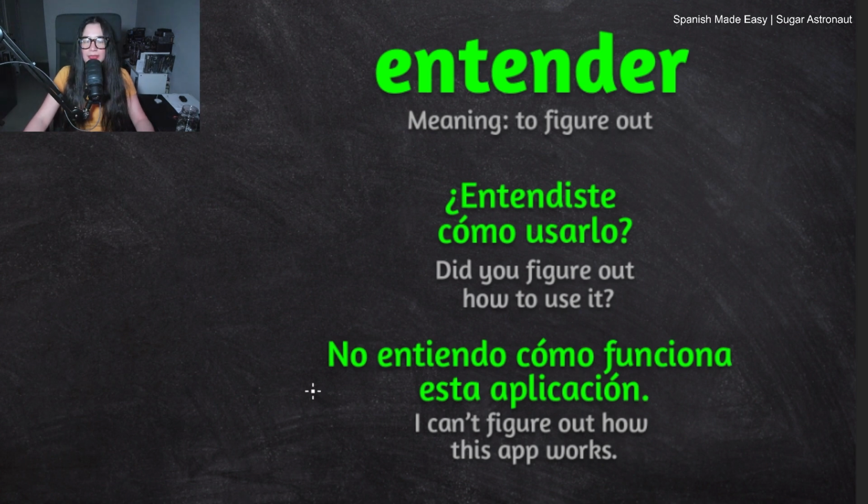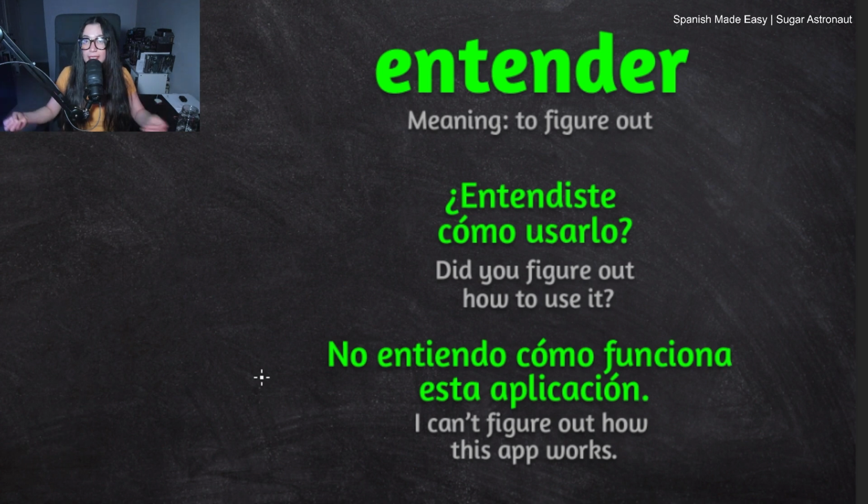Okay, so it's important to mention that entender is very similar to understand, but also to figure out. When using entender, when it means to figure out, usually it's about understanding how something works.